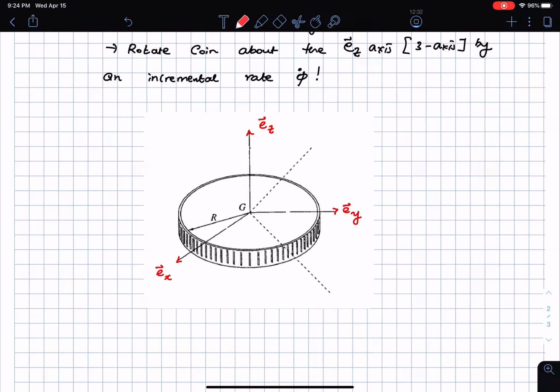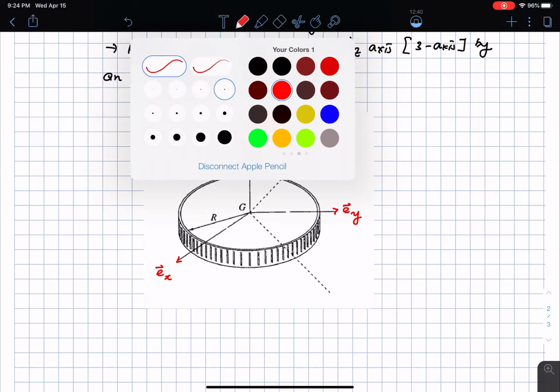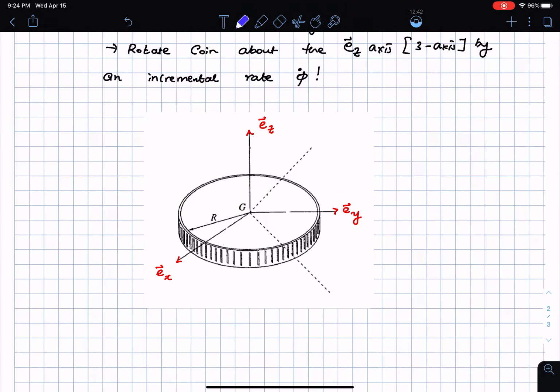Then I take the coin and rotate it by this amount of phi about the EZ direction. The rotation is performed in the following sense. This is the rotational rate that is defined as phi dot. What happens is that the EX axis now comes to a new position, which we call the E1 prime axis.